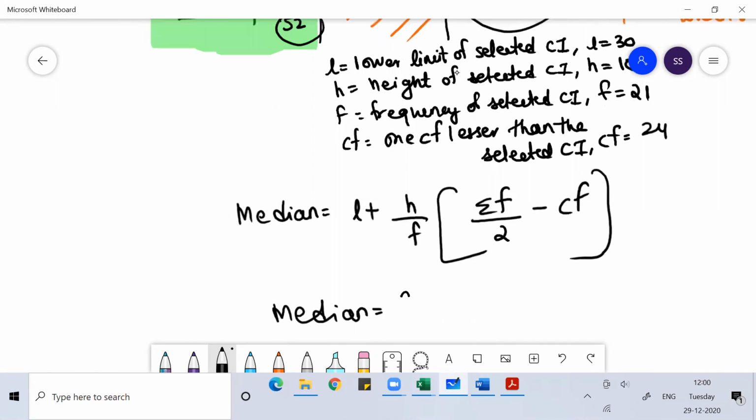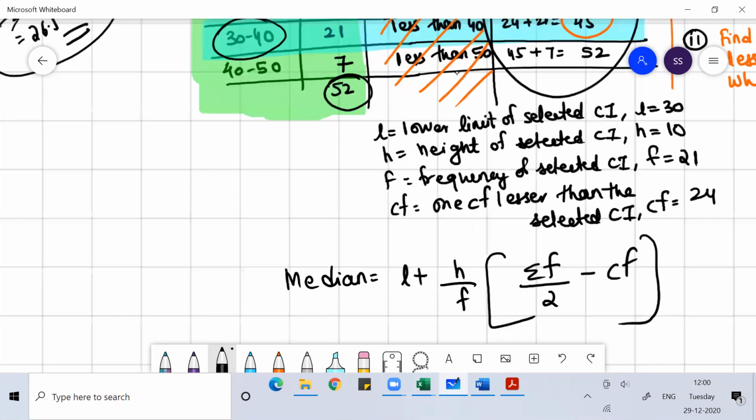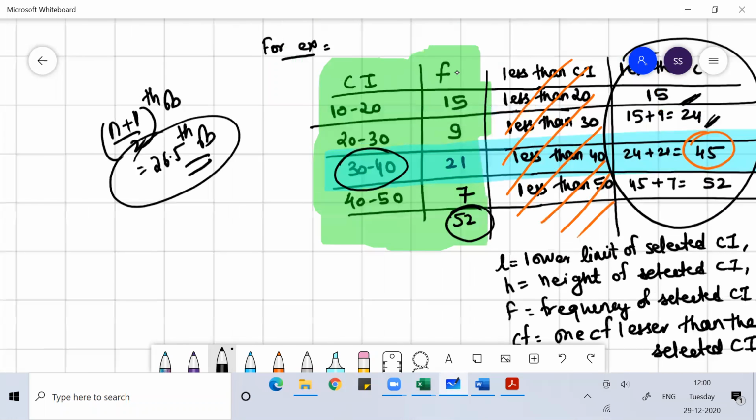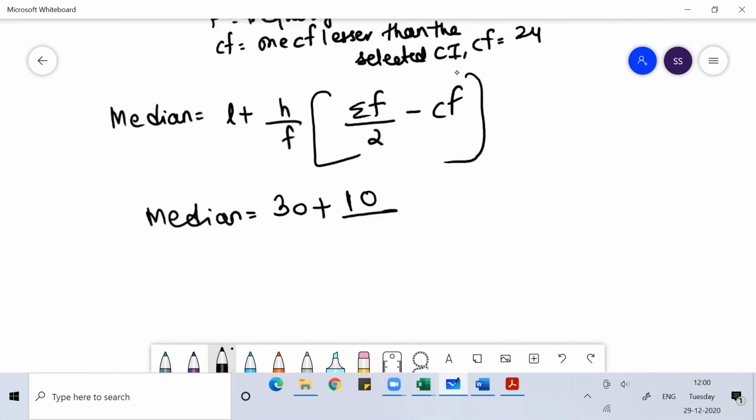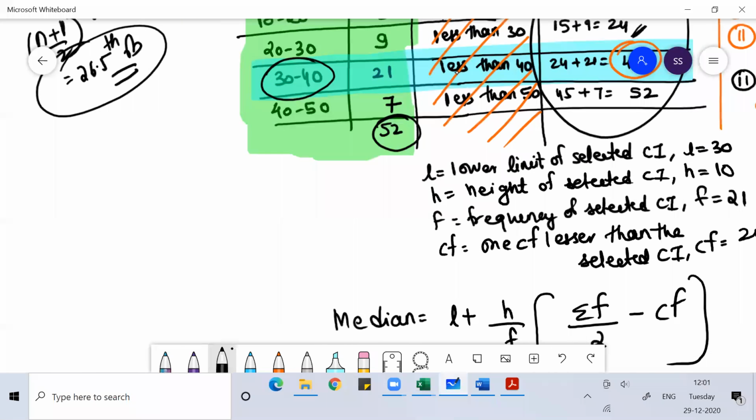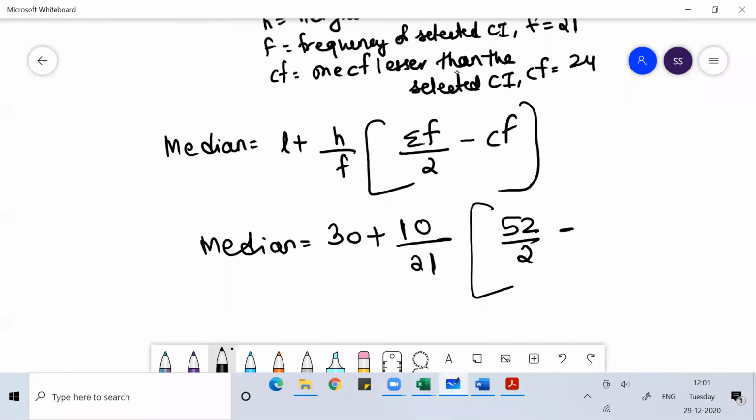H is 10, divided by F. F is the frequency, 21. Sum of F was 52, divided by 2, minus CF. CF is the cumulative frequency before it, that is 24.